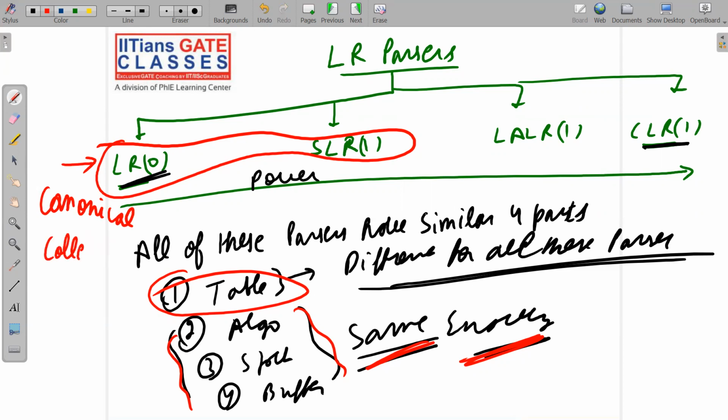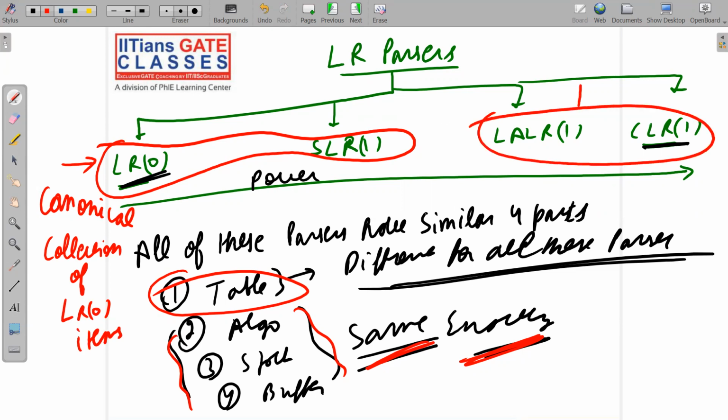For the other two, we need the canonical collection of LR1 items. So here we need LR0 items, and here we need LR1 items.